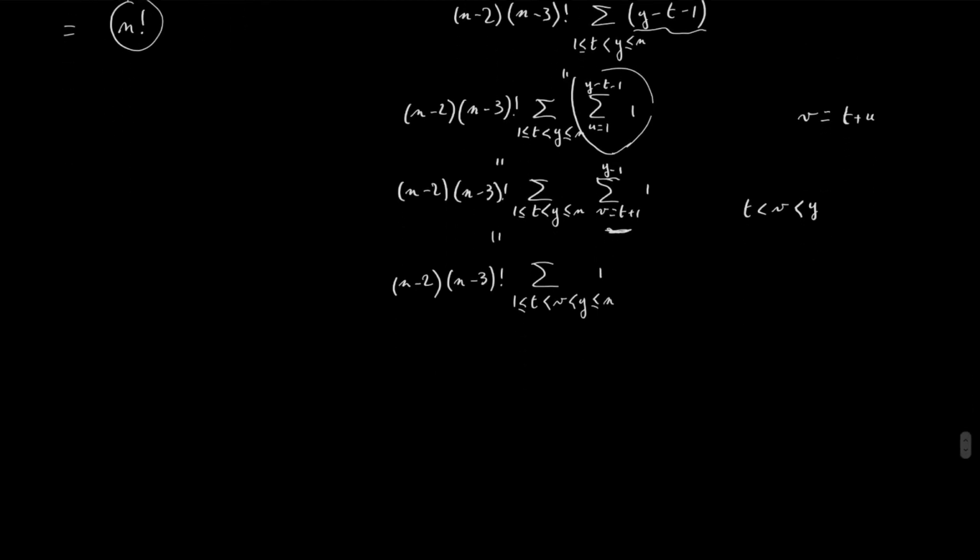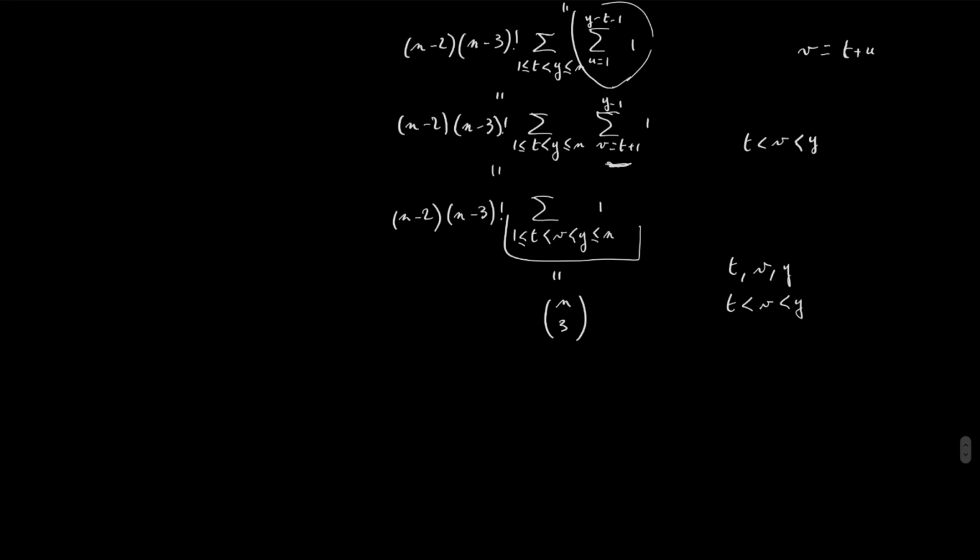And now, thanks to this trick, we see that this sum is basically summing all the possible ways that we can select three numbers t, v, y in a specific order such that t is strictly lower than v, that is strictly lower than y. And we select these three numbers among n possible numbers. So this number of ways to arrange three distinct numbers in a specific order is well known, and this is equal to n choose 3.